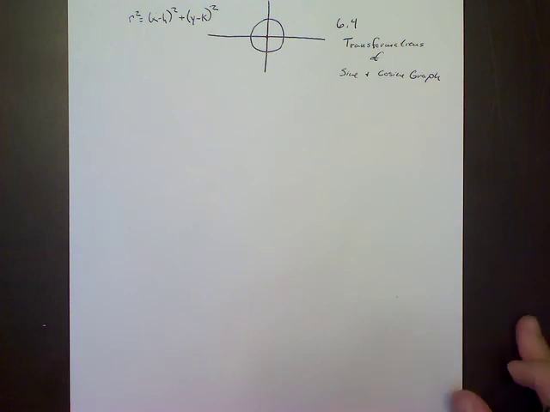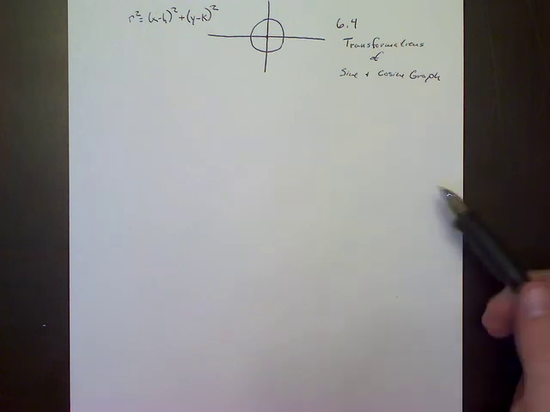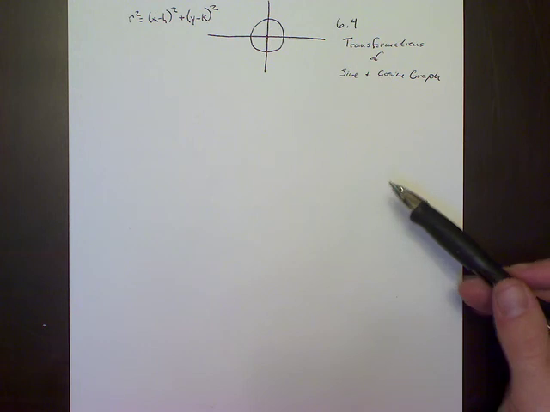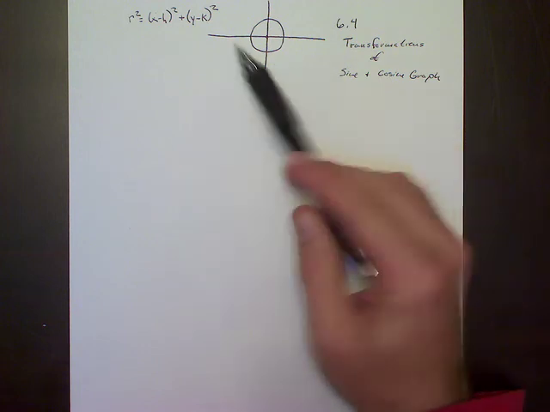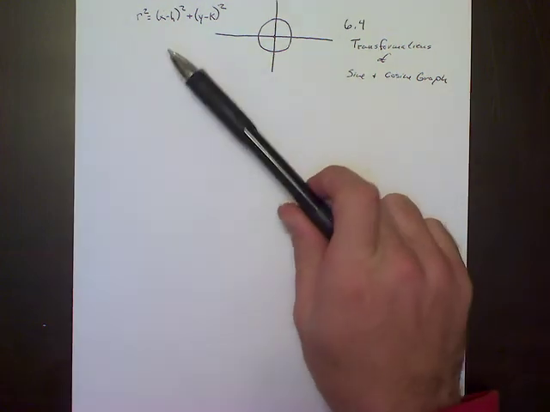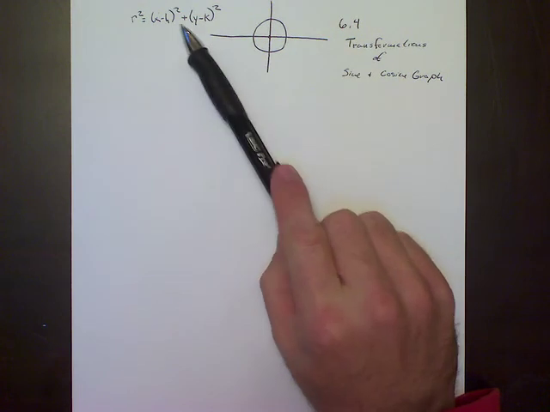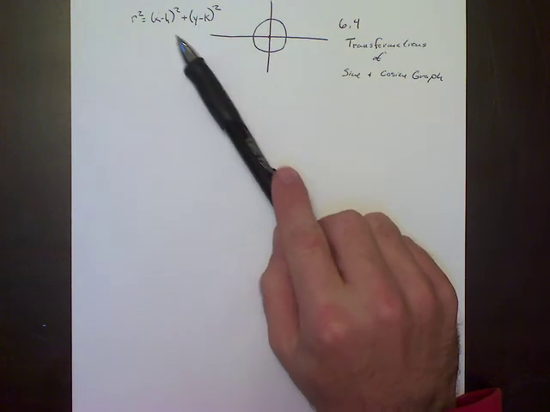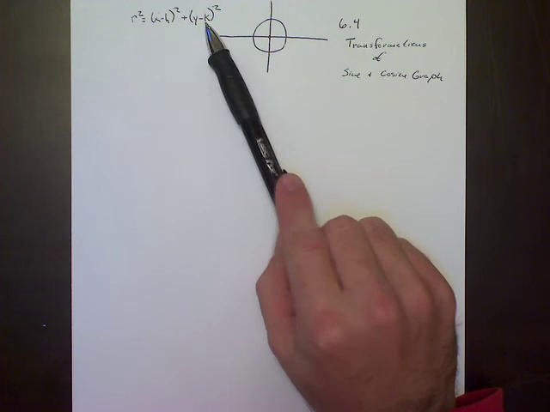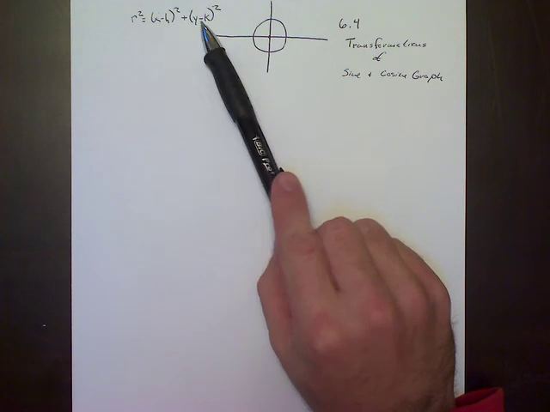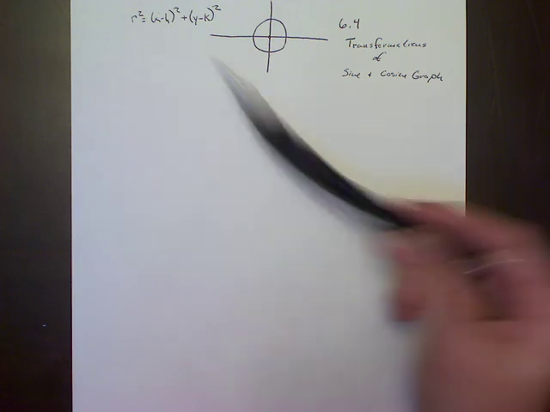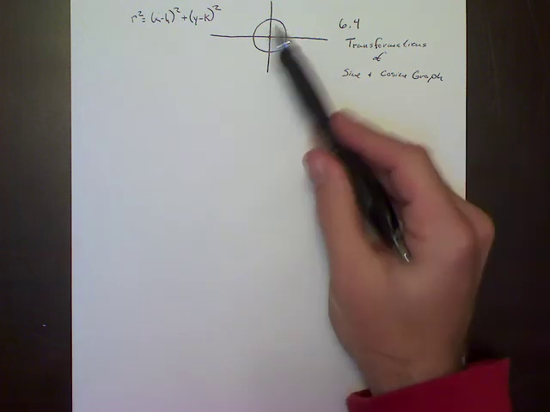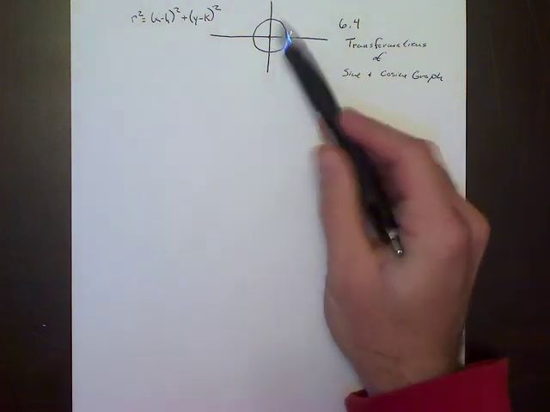Now, in order to do that, we're actually going to go back to what we did a little bit in September. If you remember, when we were dealing with conic sections, this was the equation of a circle. And I don't know if you remember, but h and k, those two variables indicated which direction the center of the circle would shift.